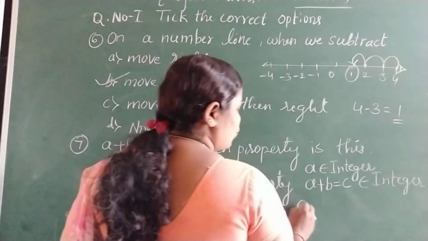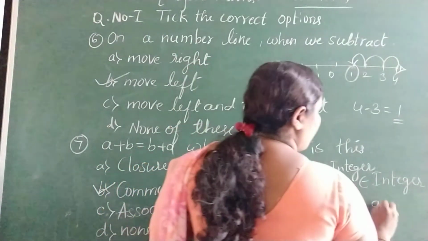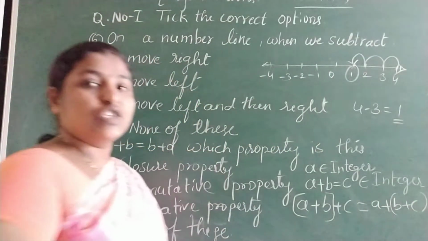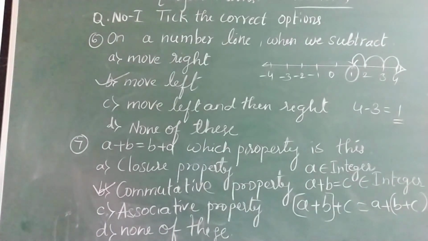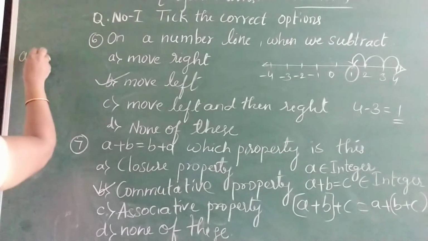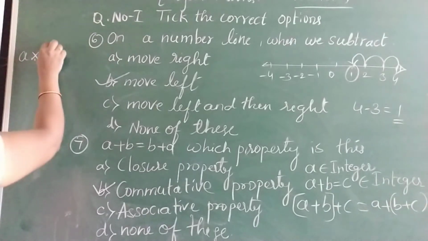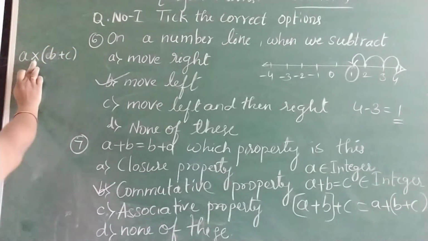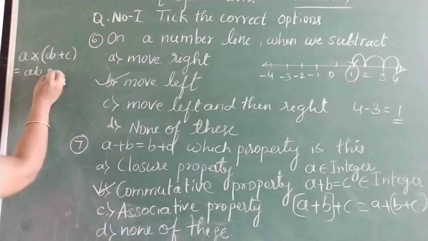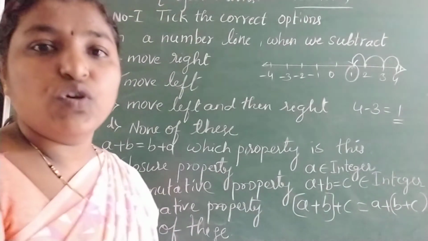What is the associative property? A plus B plus C is equal to A plus B plus C, grouped differently. So this is the associative property. You may get the question on distributive property. What is distributive property? A into B plus C, A is multiplied with B plus C, is equal to A into B plus A into C. This is known as distributive property.